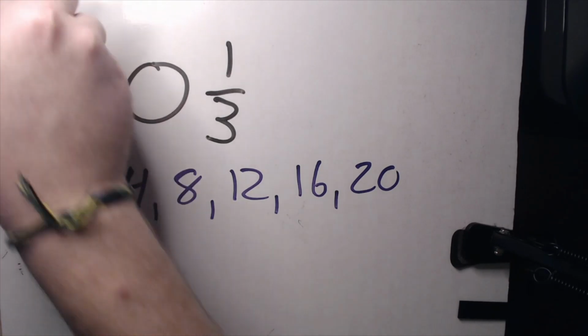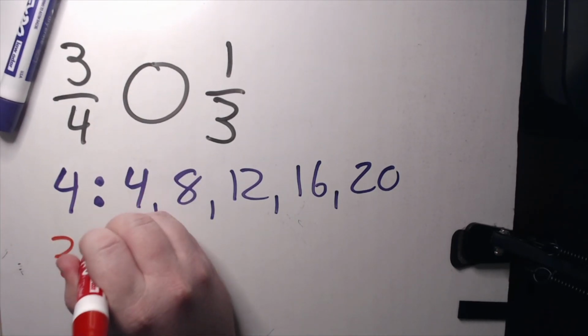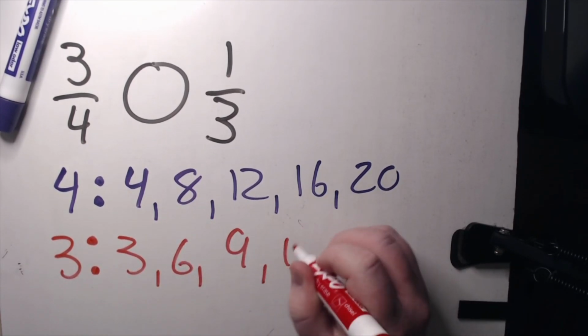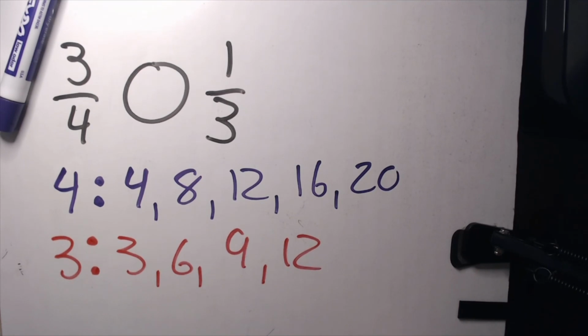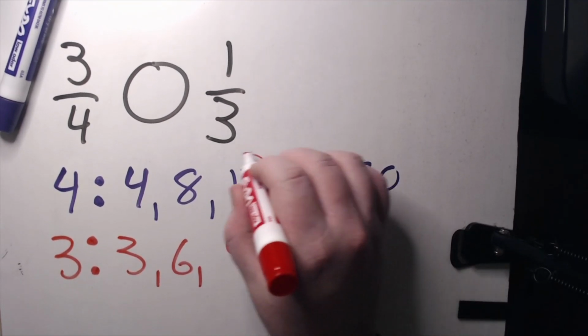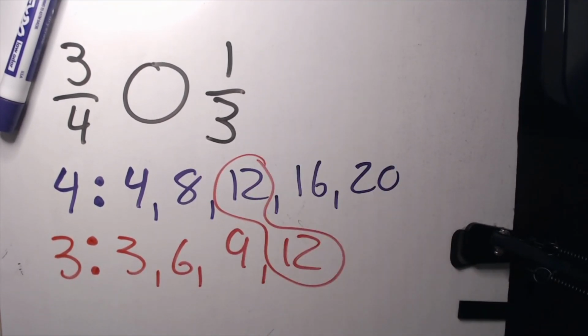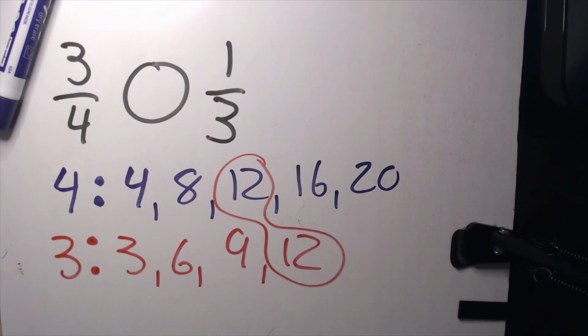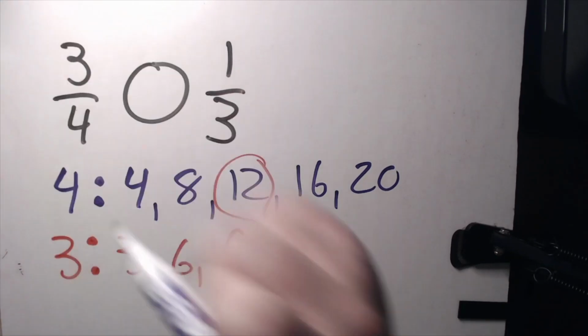So let's go ahead and do multiples of 3 now. We have 3, 6, 9, 12, and right there I'm going to stop because I see both these numbers have a 12. I'm going to make that my common denominator because I want the smallest multiple I can find, the least common multiple as my common denominator.